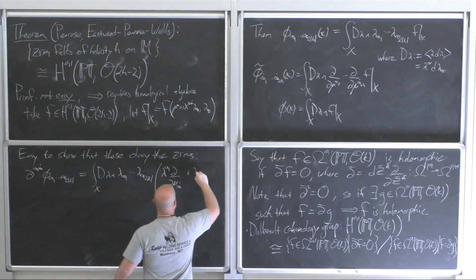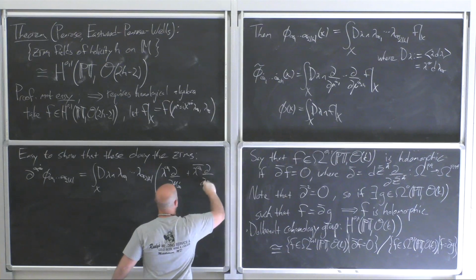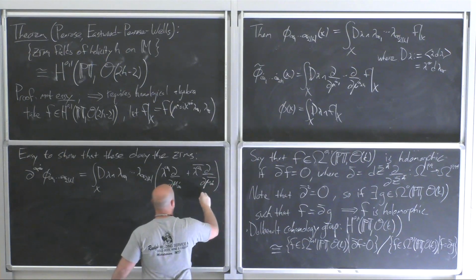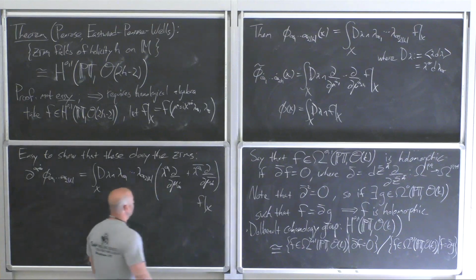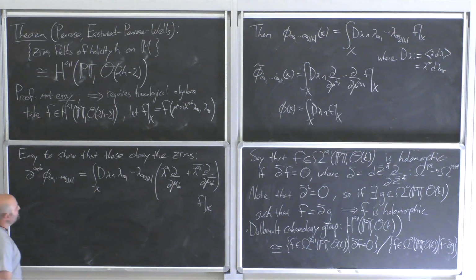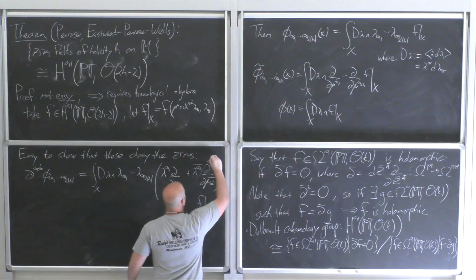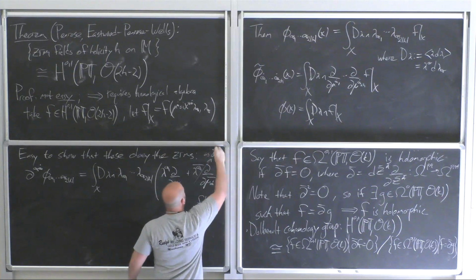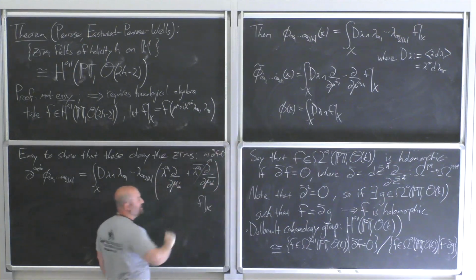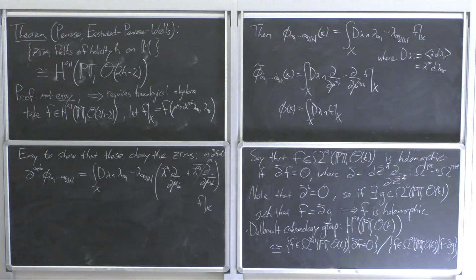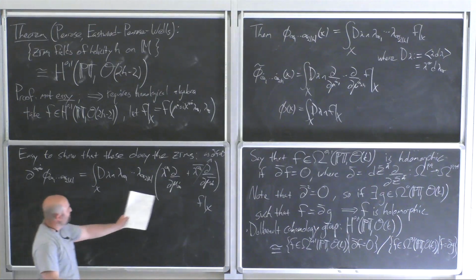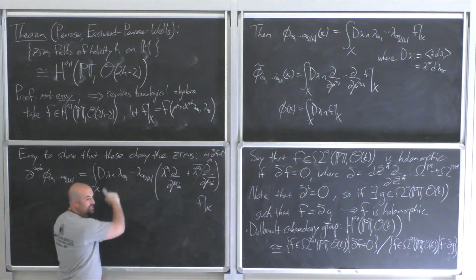But then I also have the anti-holomorphic one. That's all acting on F and restricted to x. The second term is 0 because F was holomorphic, and this is an anti-holomorphic derivative. The first term is 0 because I have lambda contracted into lambda.